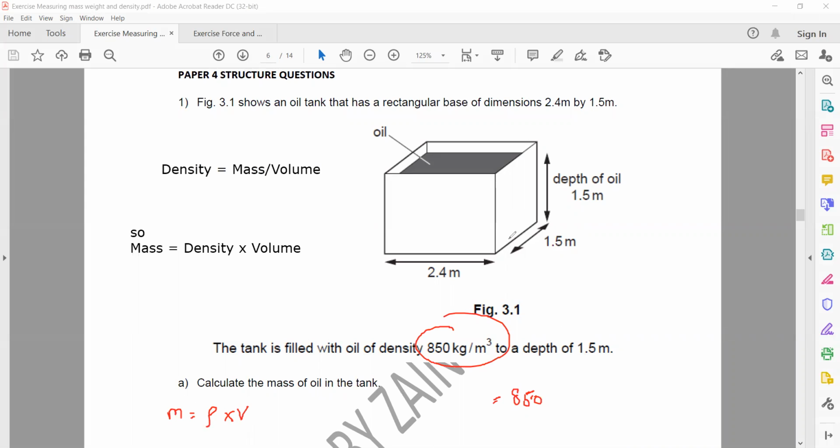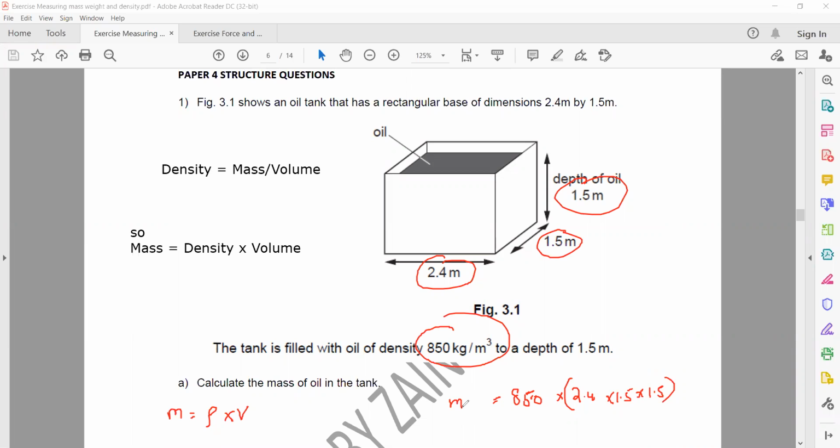Volume is length, width, and height. When we multiply these three sides, we get the volume of the oil inside this rectangular tank. So to get the volume, we multiply 2.4 into 1.5 into 1.5, and 850 is the density.